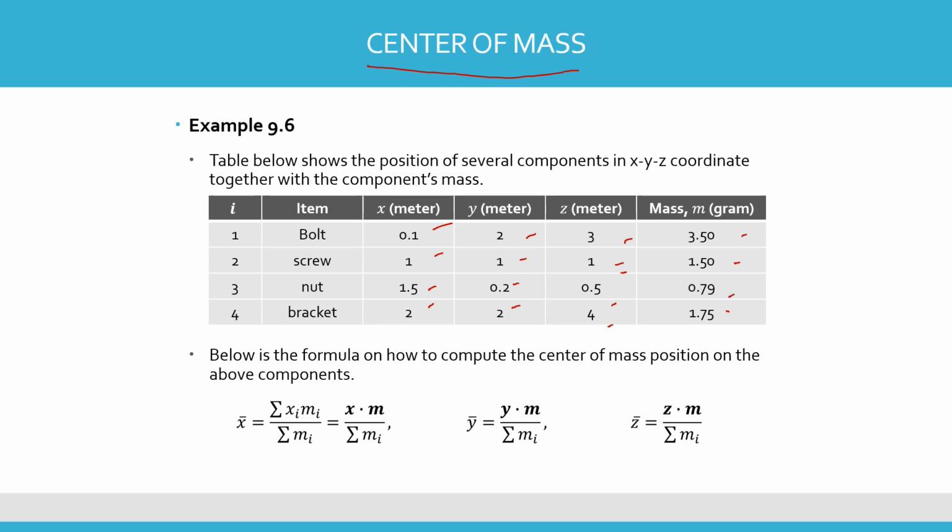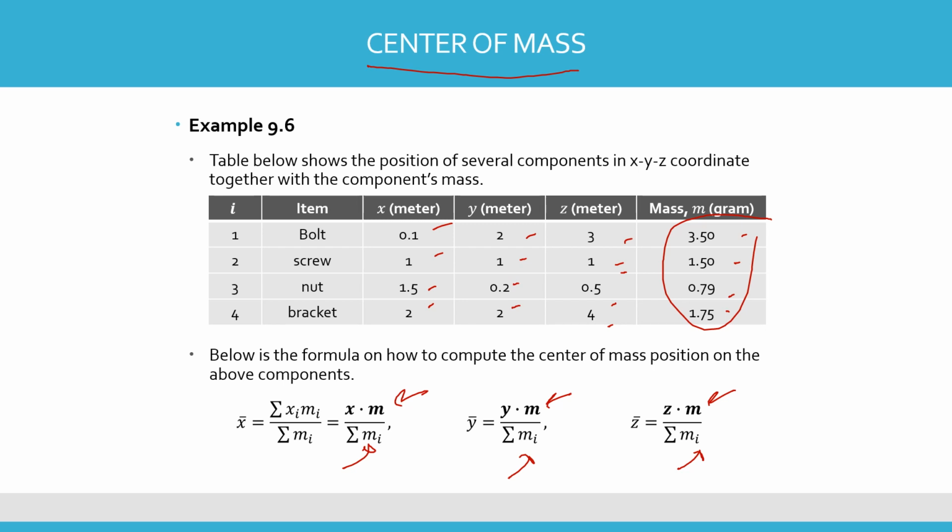Basically to get it, you use a dot product and sum of mass. This one is just normal sum of mass, you just sum everything up. But for this one, you have the dot function, dot matrix. So how to do this?